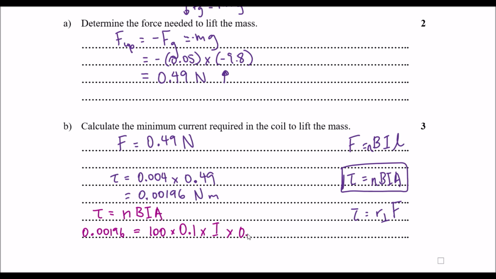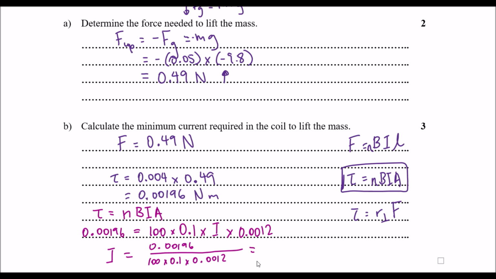If we rearrange everything onto the one side, so we move all these components over, we got 0.00196 divided by 100 times 0.1 times 0.0012. Let's put that into the calculator and see what we get.